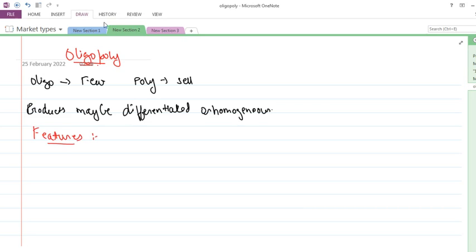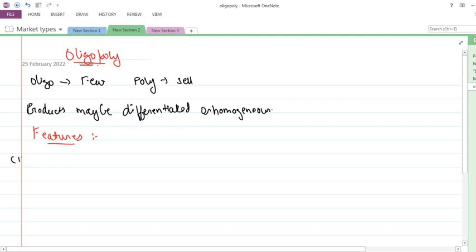The first feature of the oligopoly type of market is that there are a small number of large sellers.